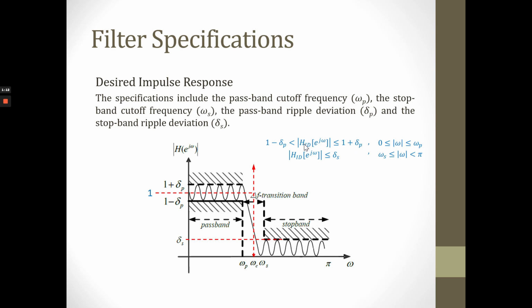So the magnitude of the ideal impulse response is within this range, larger than 1 minus delta p, lower than 1 plus delta p, for frequency between 0 and omega p. Omega p is the passband cutoff frequency.